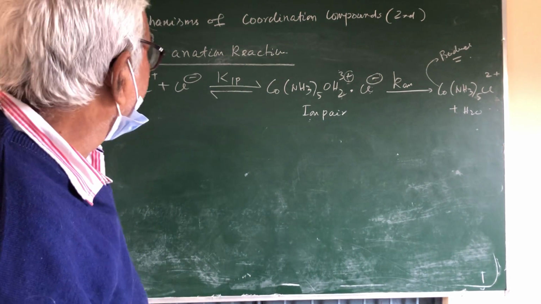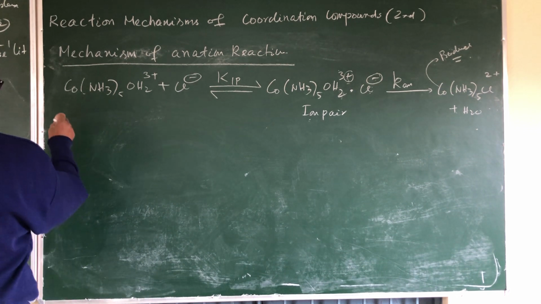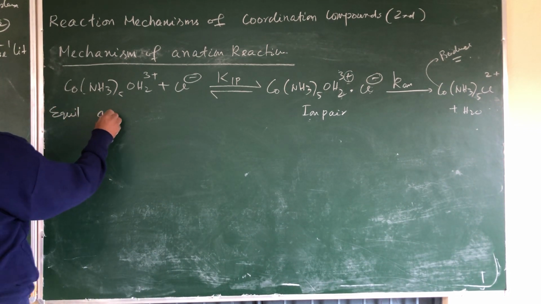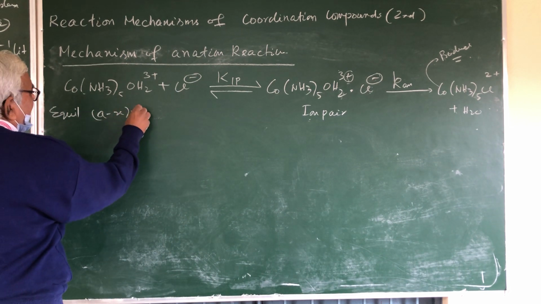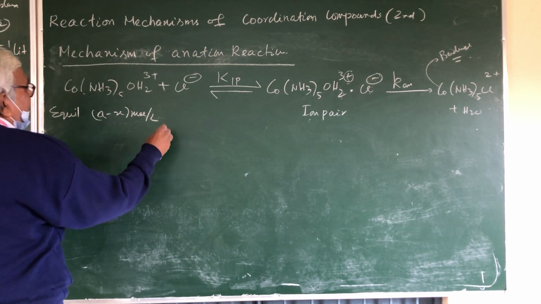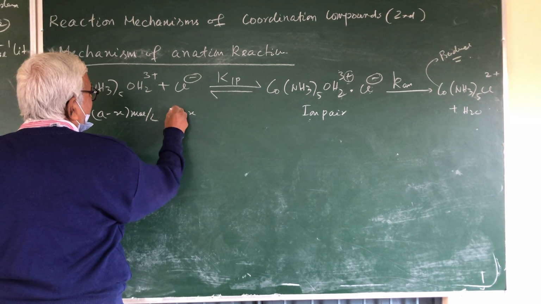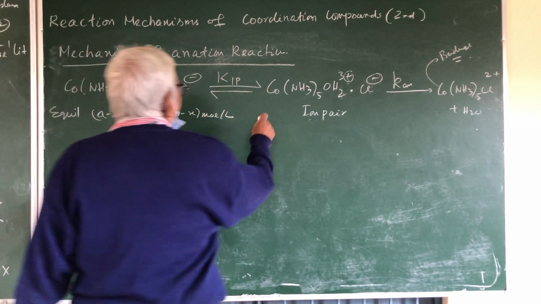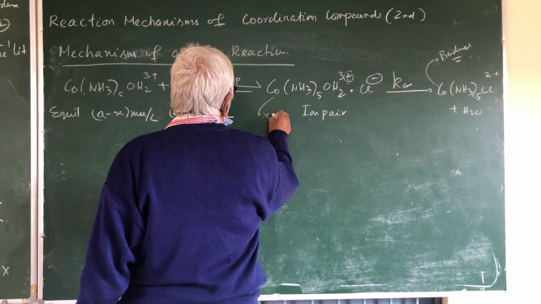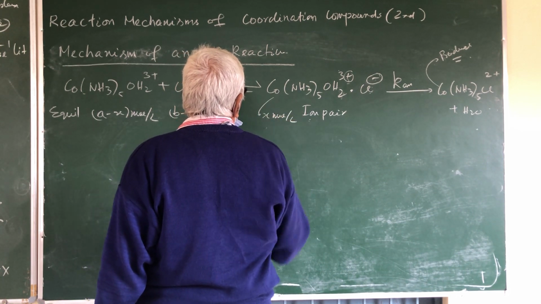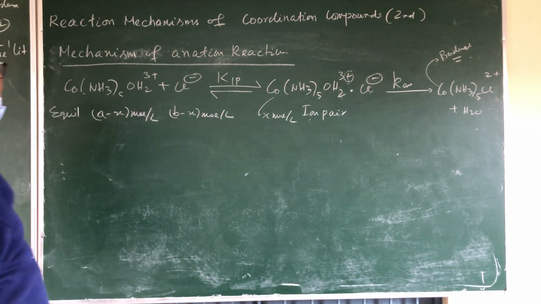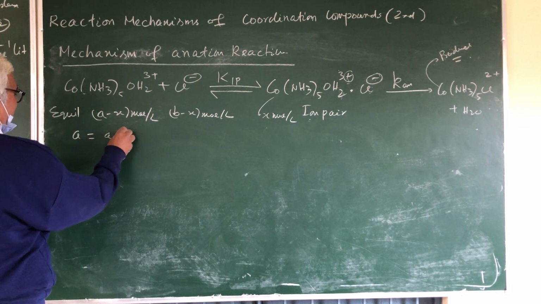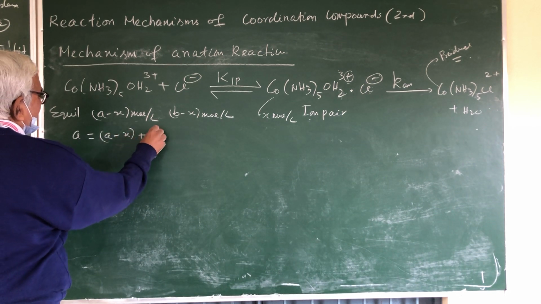So at equilibrium, this is A minus x moles per liter, this is B minus x moles per liter, this will be x moles per liter. So A can be written as A minus x plus x.